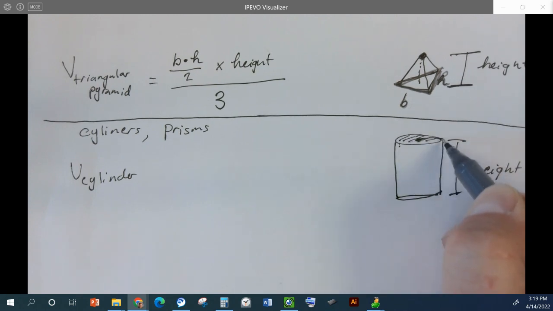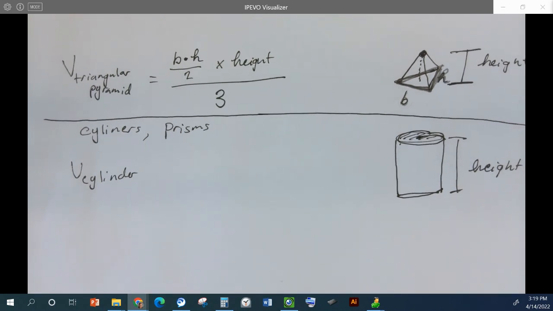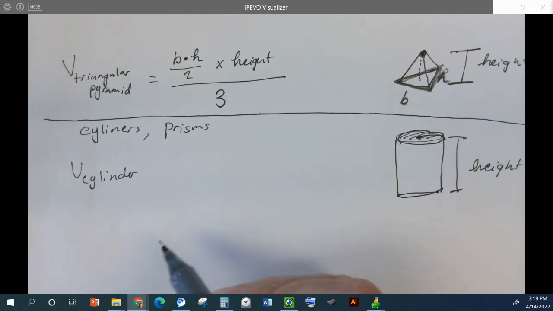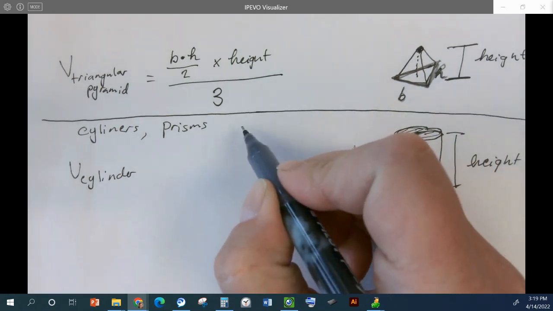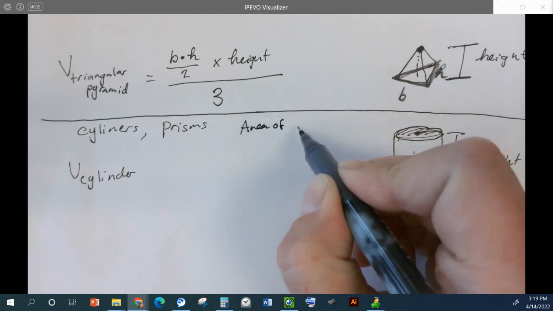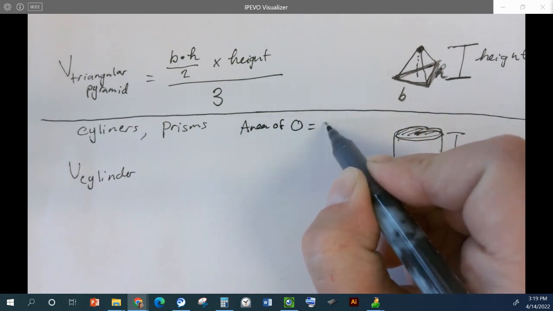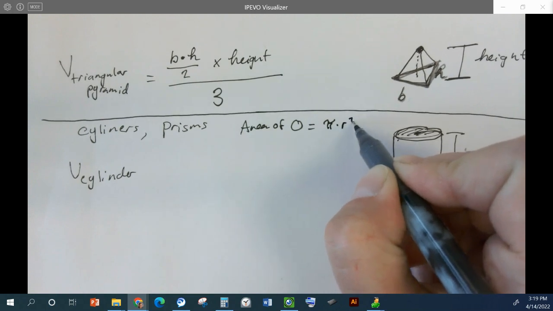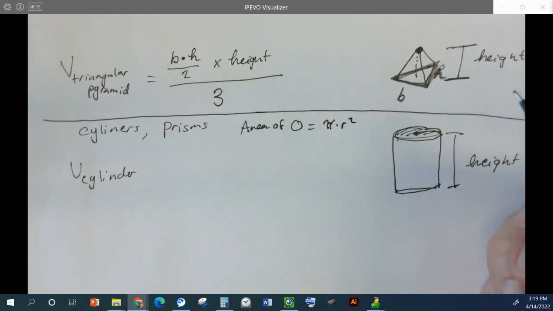So how do I find the area of a circle? Do you remember how to do that? Just the area of a circle. No? Okay. So the area of a circle is pi times r squared. Does that sound familiar?